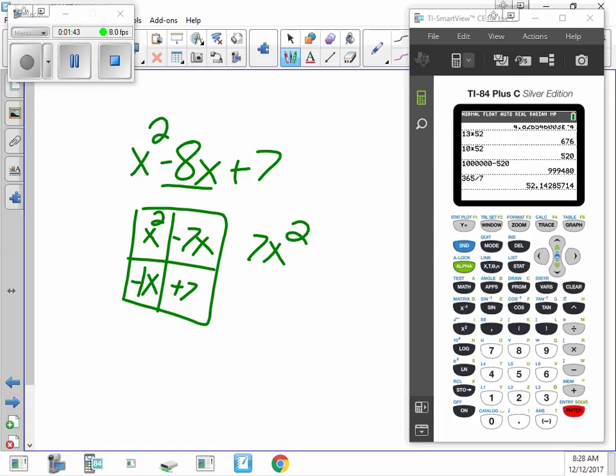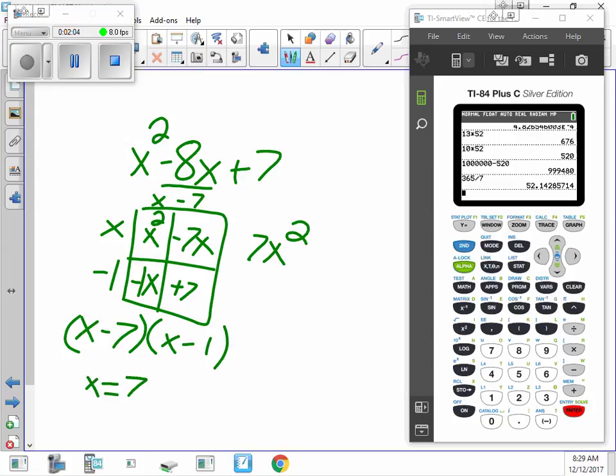What's my next step? Look at the top row, and I pull out an x. And if I pull out an x, what's left? X minus 7. And then if I take an x out of the first column, I get x minus 1. So my factors are x minus 7 and x minus 1. And I get x equals 7 and 1.